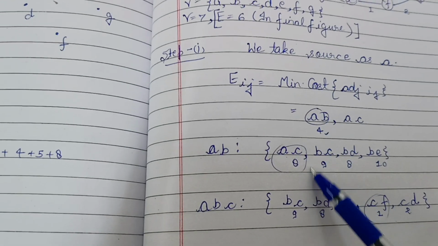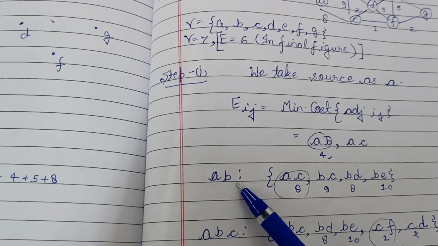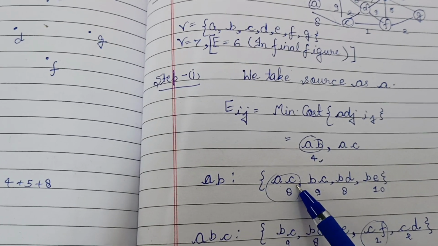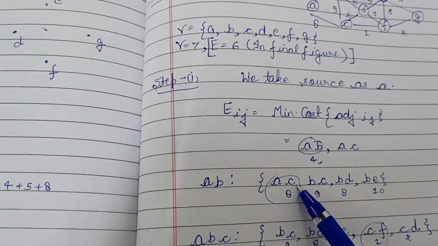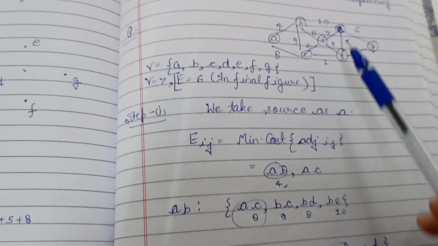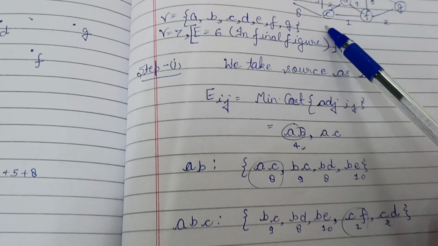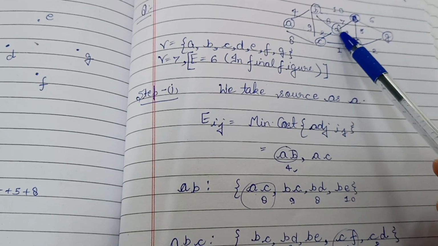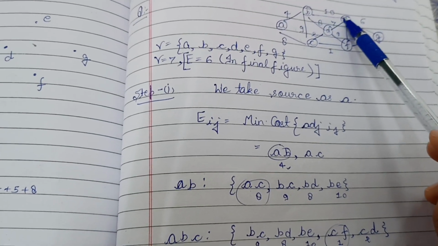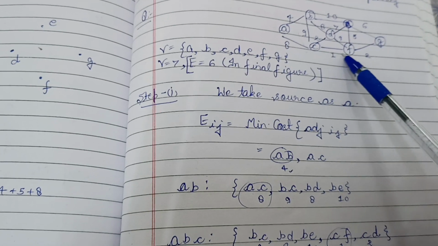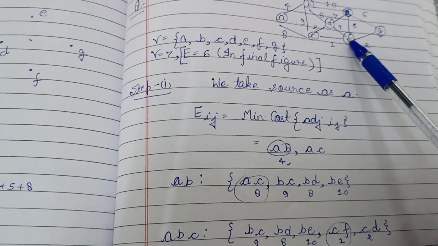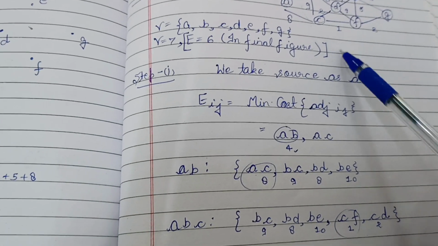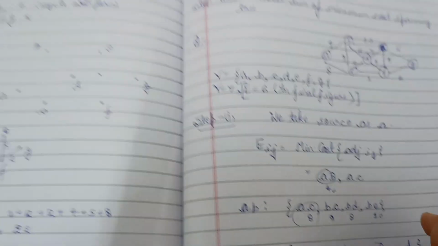So the minimum cost is AC 8. After having A, B, C, we find a new node, that is C. B and C have 9, B and D have 8, B and E have 10, C and F have 1, C and D have 2. So we take C and F having 1, which is the minimum cost.